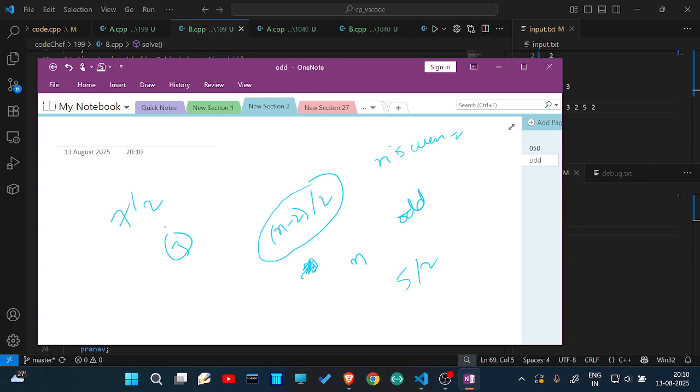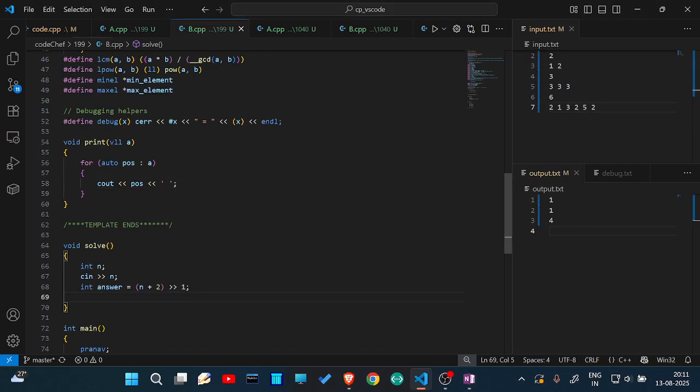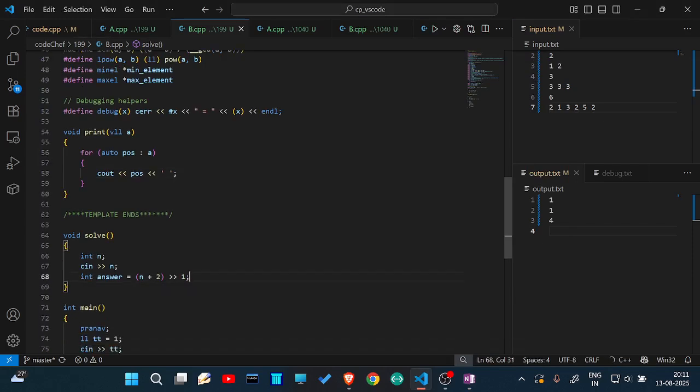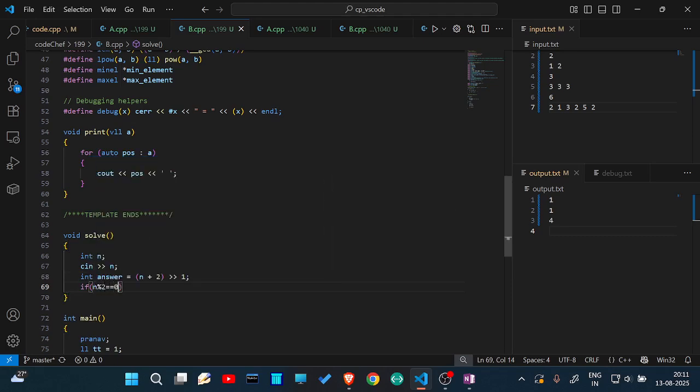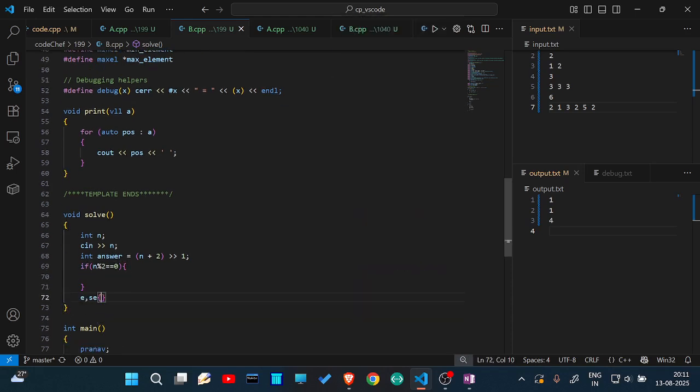So if it is the opposite parity number, if n is even, worst case else.